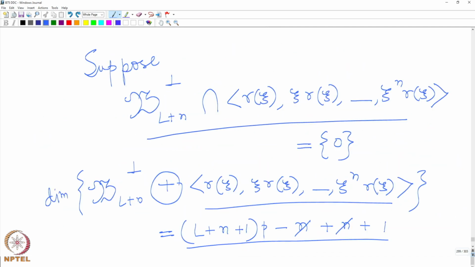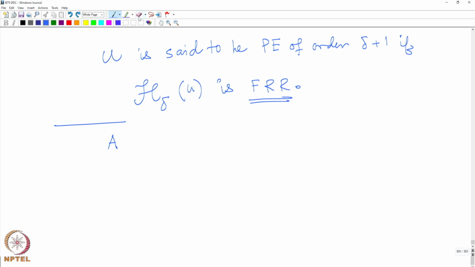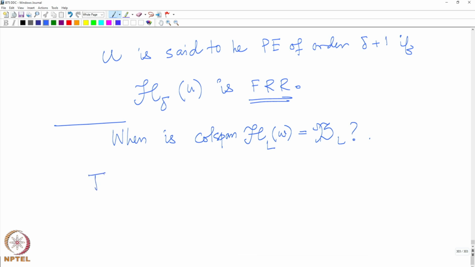So let us go back. We want to find out when the column span of H_L(W) is equal to B restricted to L. Our theorem is the following theorem.